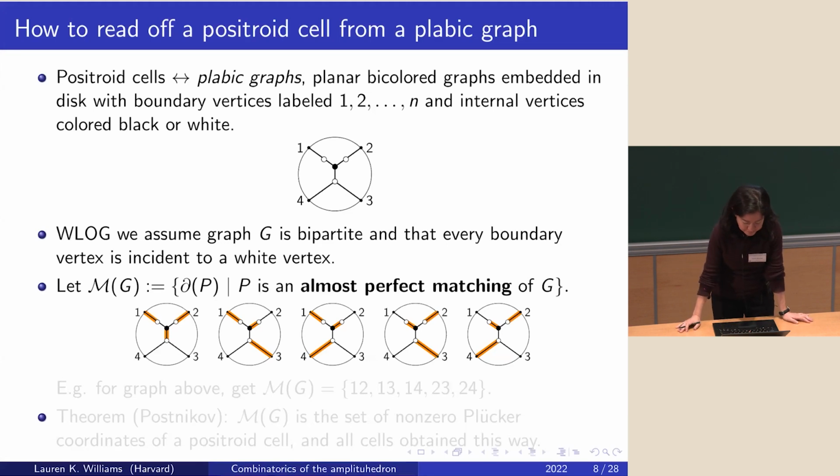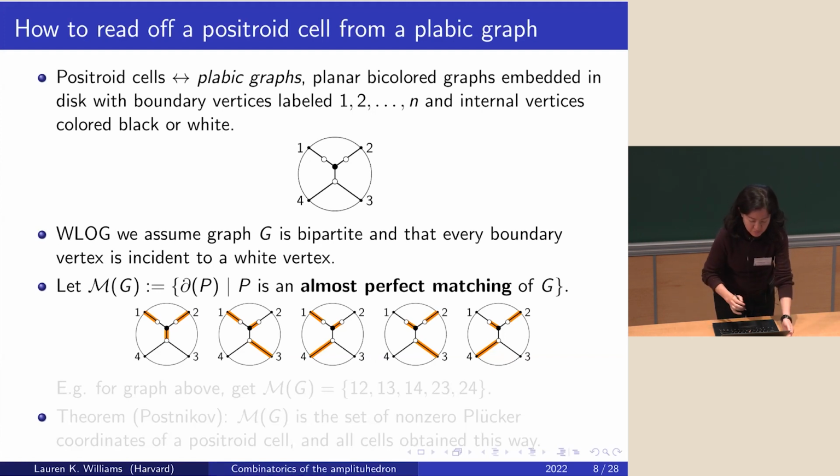Okay, so these are the almost perfect matchings of my graph G. And you can see that every interior black or white vertex is touching precisely one edge. My chosen edges are those shown in orange.